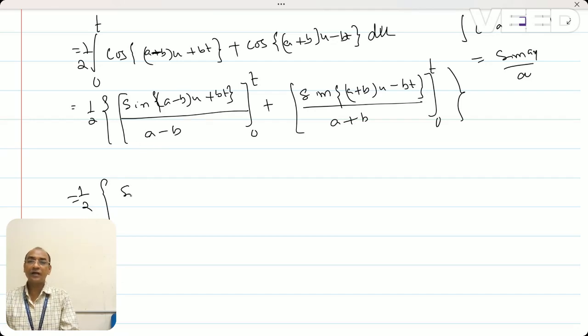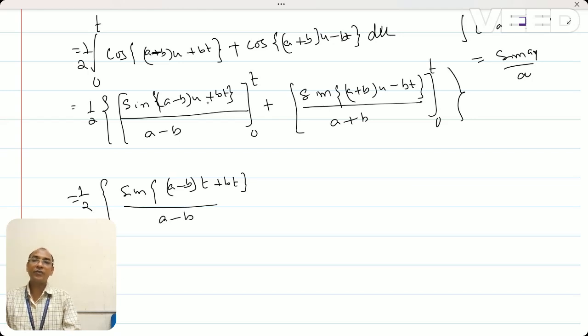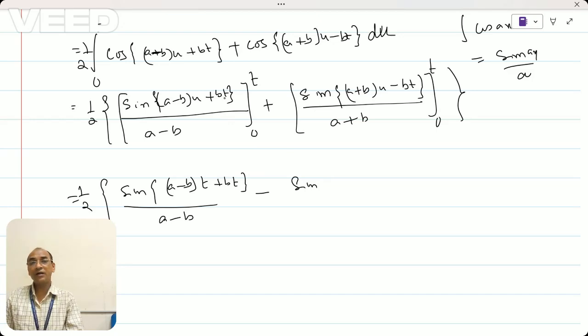So I will get sin of a minus b of t plus bt divided by a minus b, and then I will put u equal to 0, lower limit, minus sin bt divided by a minus b.